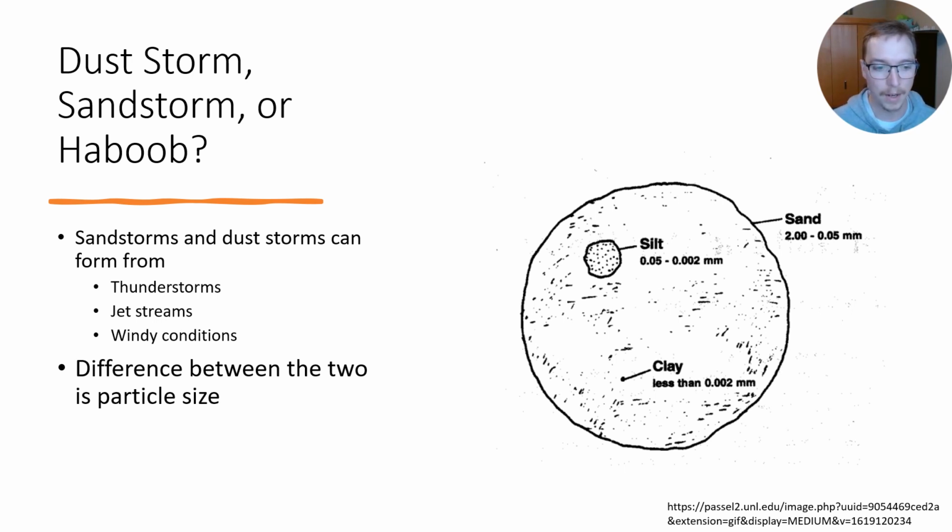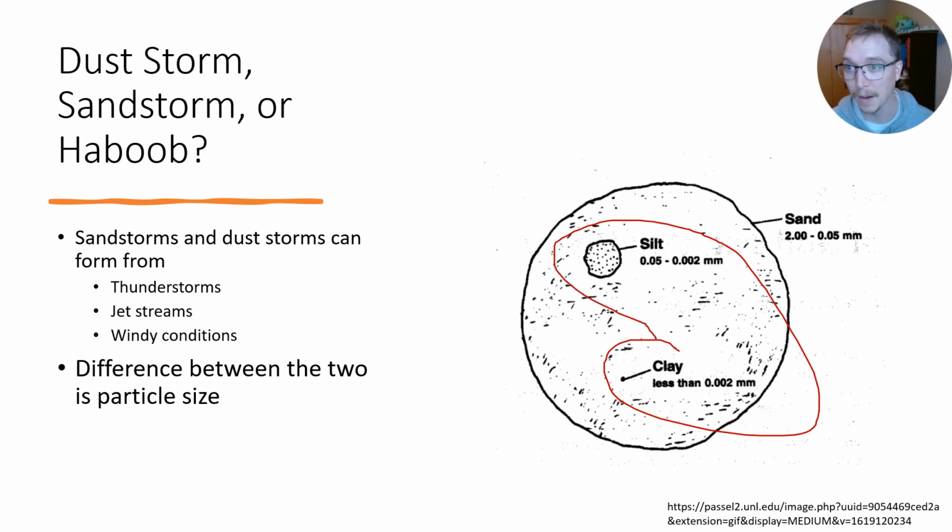So you can see most of our dust-sized particles come from things like clays and a little bit of silt, versus sand, which is a much larger particle size, 2 to 0.05 millimeters, so 5/100ths of a millimeter. Clay, less than 2/1000ths of a millimeter. Silts, 2/1000ths to 5/100ths of a millimeter.